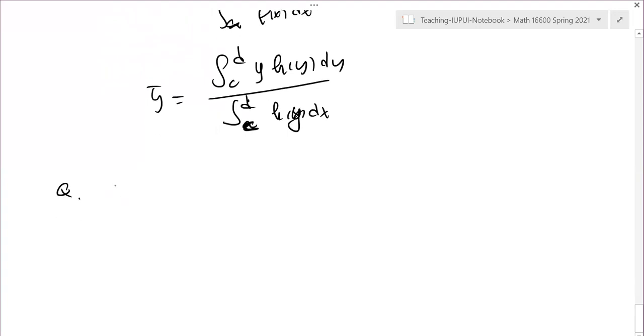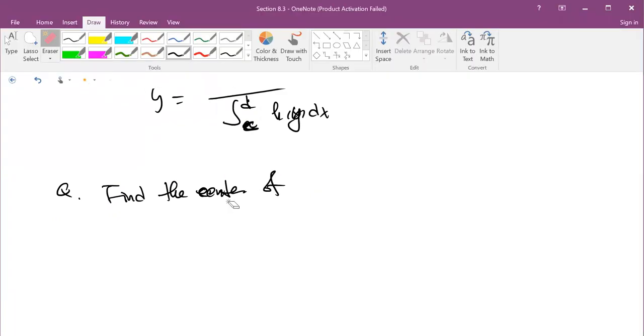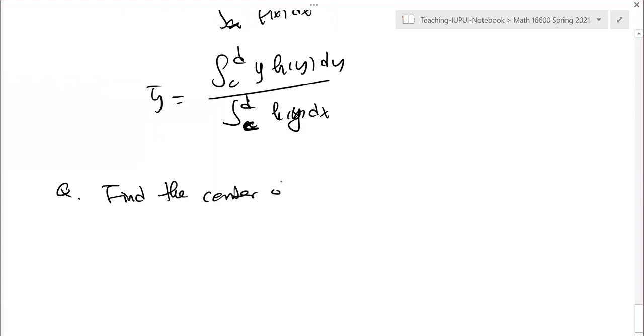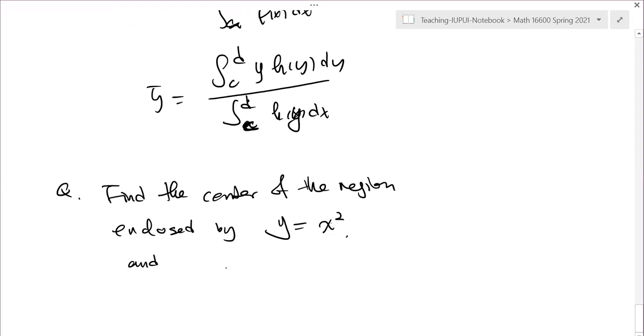So here's a picture. Find the center of the region enclosed by the curve y equals x squared, x equals 1, and y equals 0.